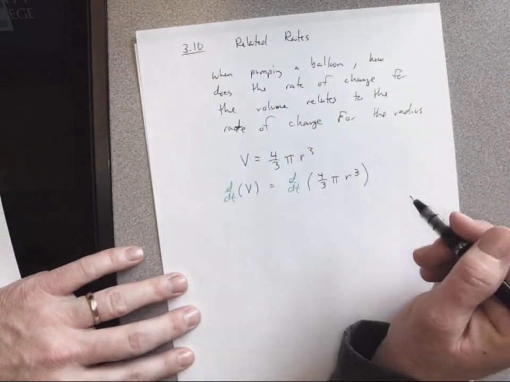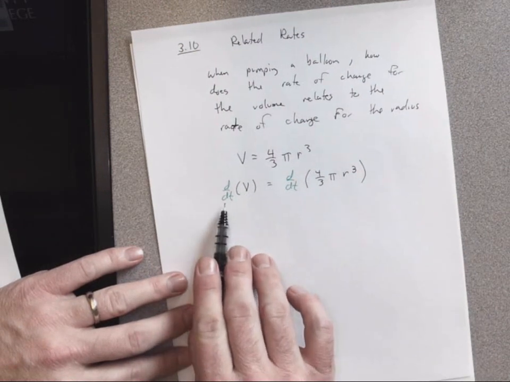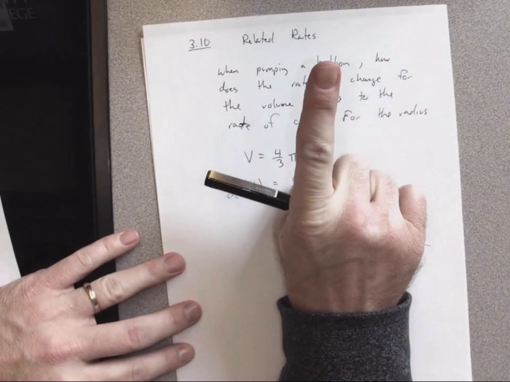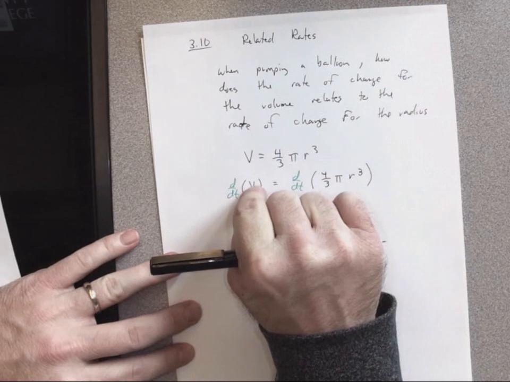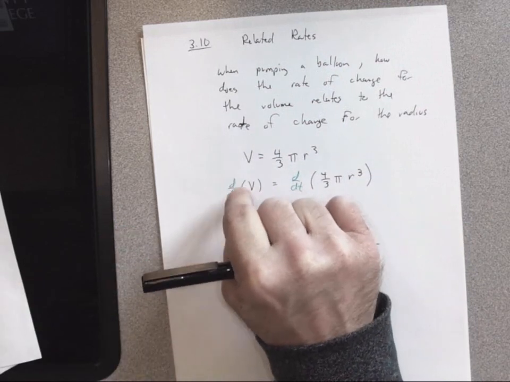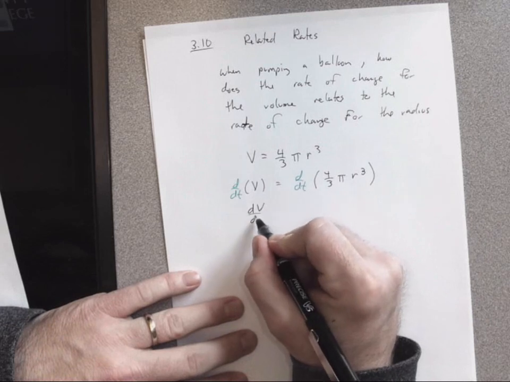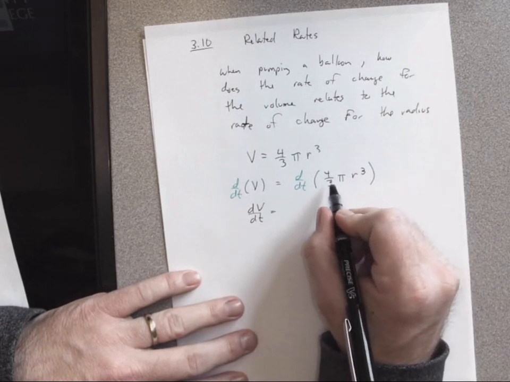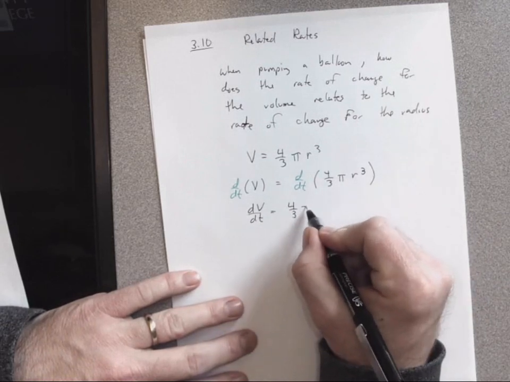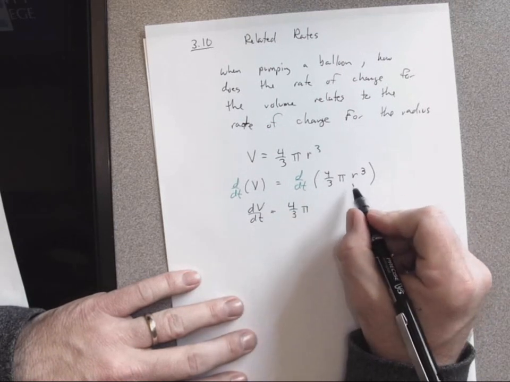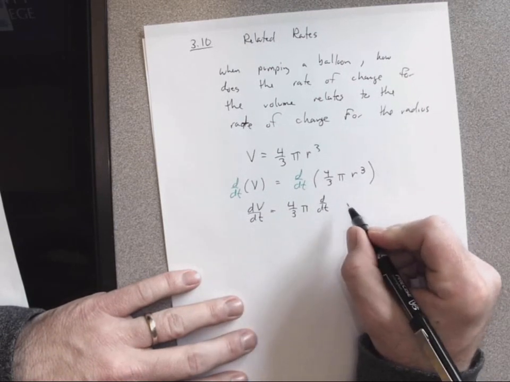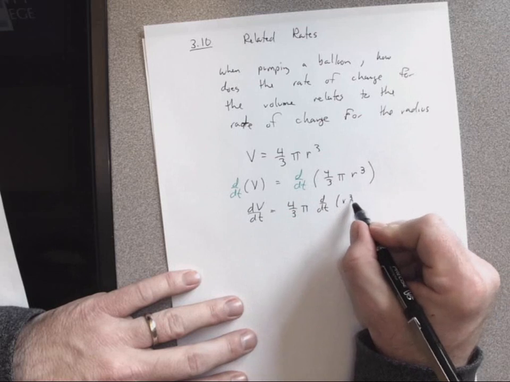So implicitly, when we take these derivatives, the derivative of v with respect to t is just going to be 1, but every time you take the derivative of something that's not t, you have to follow it by dv dt. So this is going to be equal to dv dt. Now 4/3 pi is a constant, so you can pull it out and take the derivative with respect to t of r cubed.